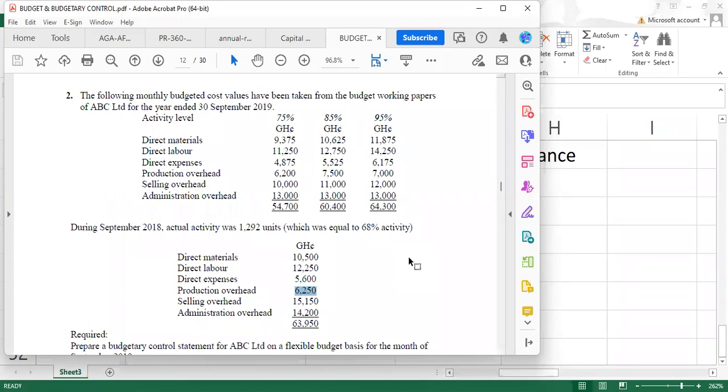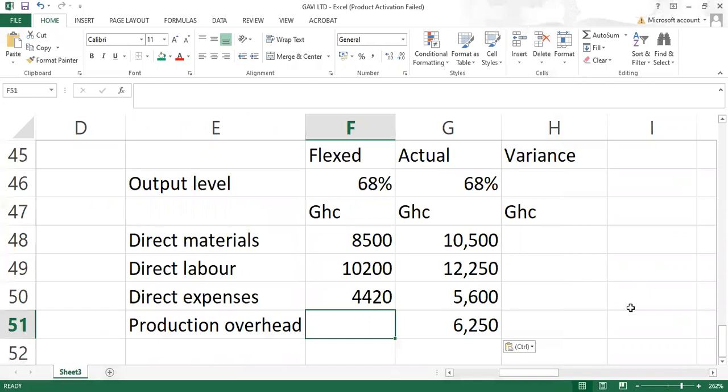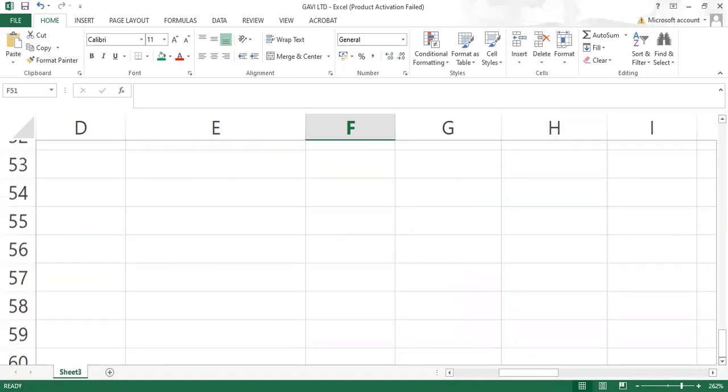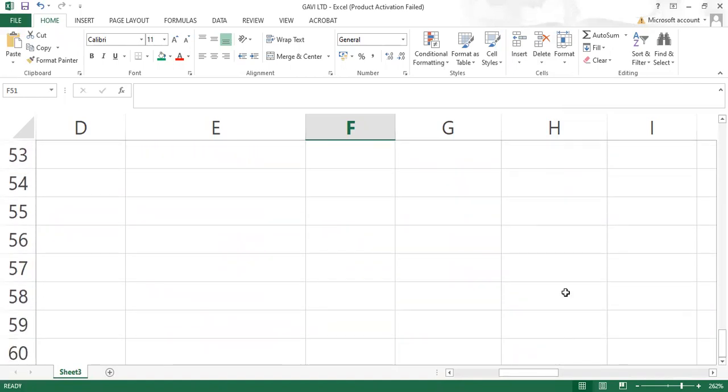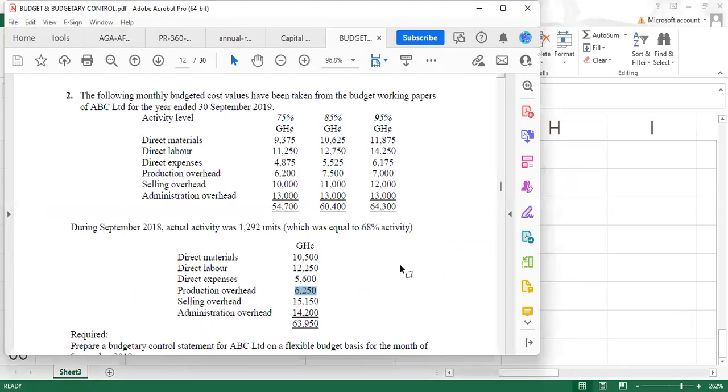So how much is the fixed element? It's 3,200. So that means for every percent, the variable cost is what? For every percent, what is the variable cost? Is it 40 that we have gotten?